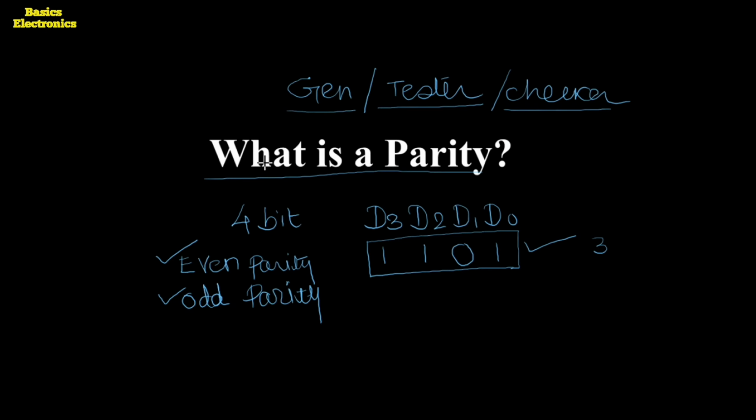Now the new question arrives: what is the reason we are using this parity tester, and how is the parity tester or the parity generator constructed? For that, we have to consider one block diagram, which indicates a basic communication system.